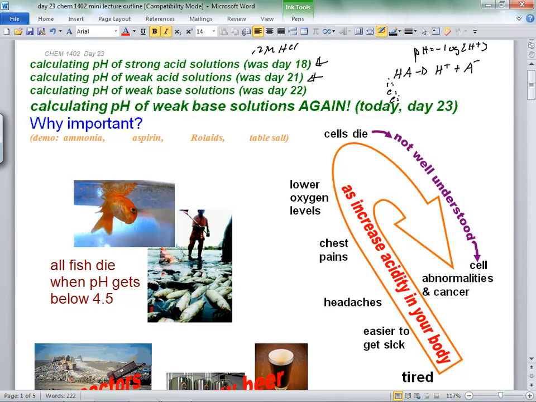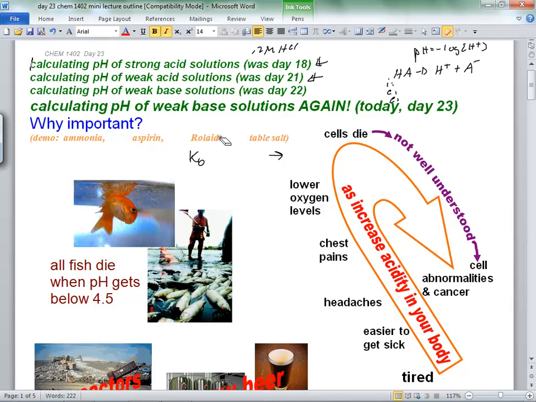And the following day, last class period, we had a weak base. And what's the pH? How do we do that? We did ICE again, but for what reaction? Not a Ka reaction, but a Kb reaction, right? You had to write a Kb reaction. So if my acid is HA, my conjugate base would be just A, well, technically A minus, right?